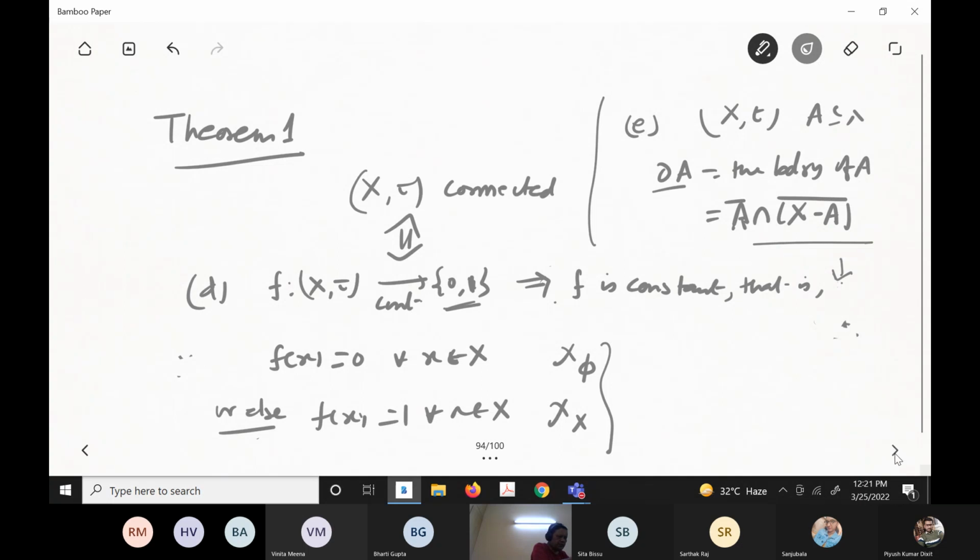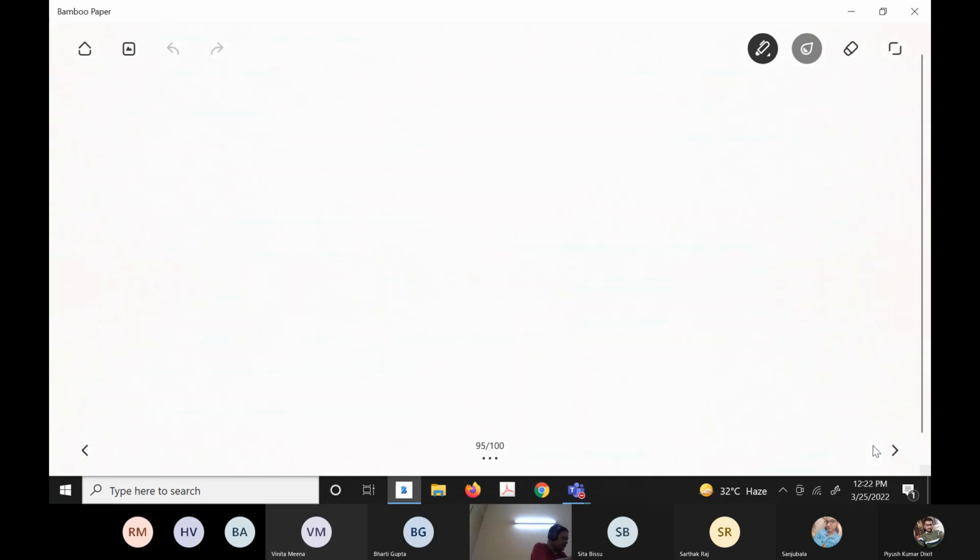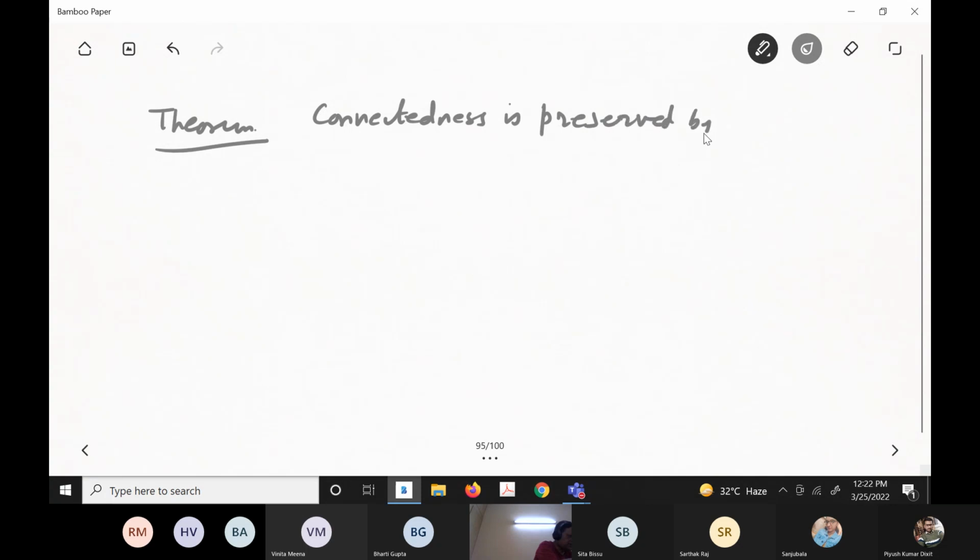Now, connectedness should be a topological property, one that should be preserved by homeomorphism. The next theorem actually says connectedness is preserved by continuity.